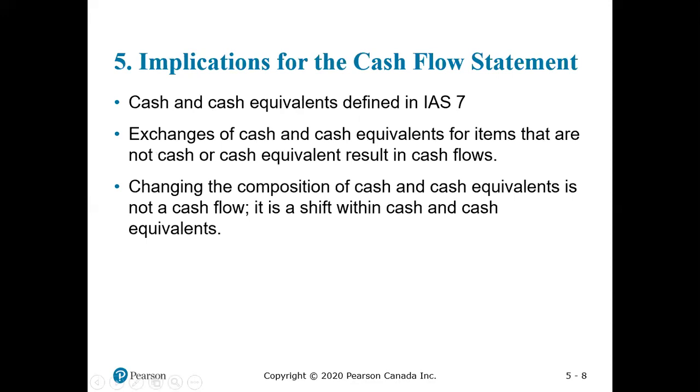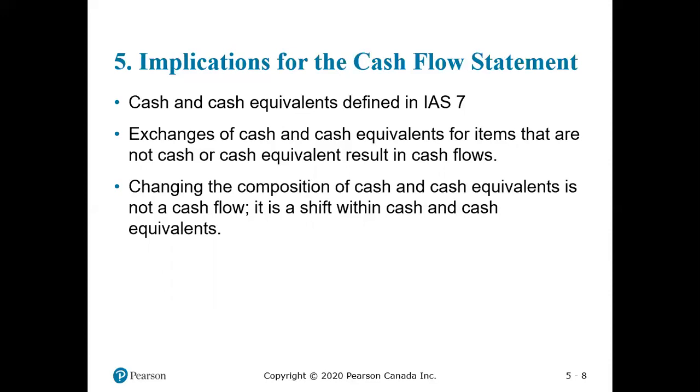Implications for the cash flow statement. Cash and cash equivalents, we went over previously. Exchanges of cash and cash equivalents for items that are not cash or cash equivalents result in cash flows. We looked at this when we went over the cash flow statement in chapter 3.